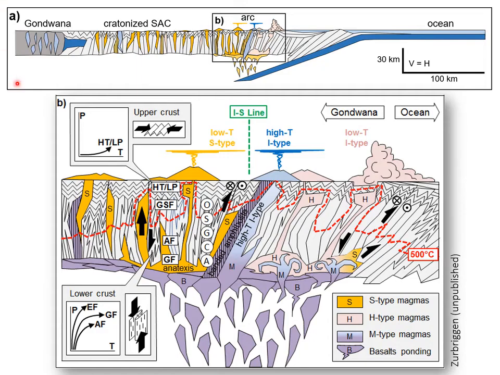So this is a cross-section through a Paleozoic cratonizing subduction-accretion complex at the periphery of Gondwana. Could be in the Lachlan Fold Belt, could be in the Cenerian Belt north of Gondwana.